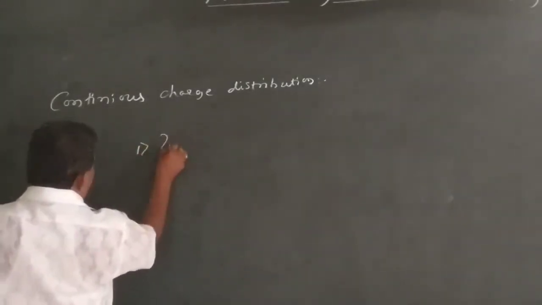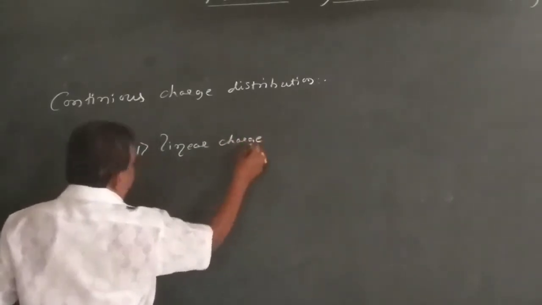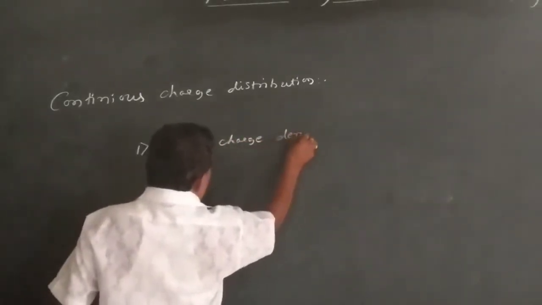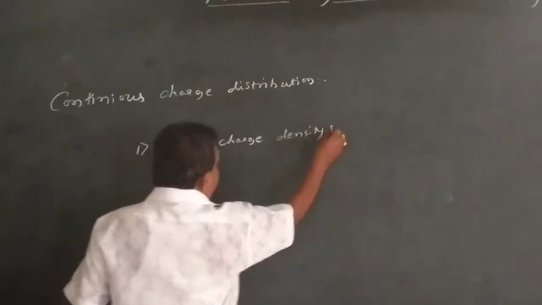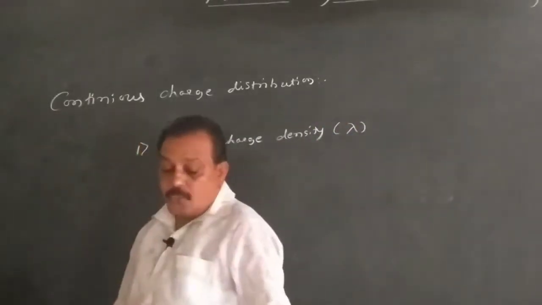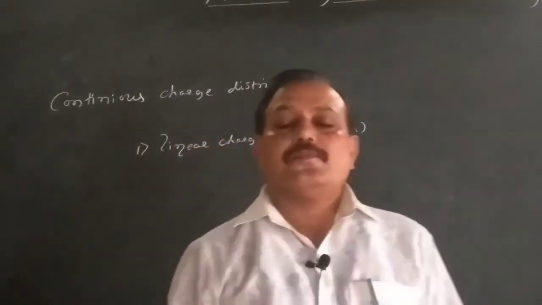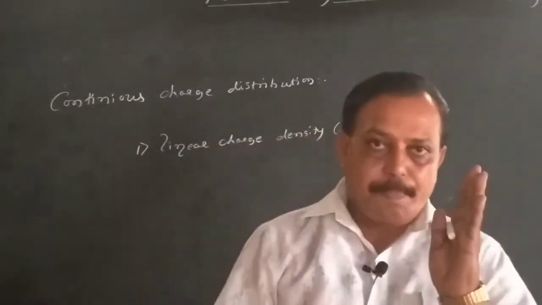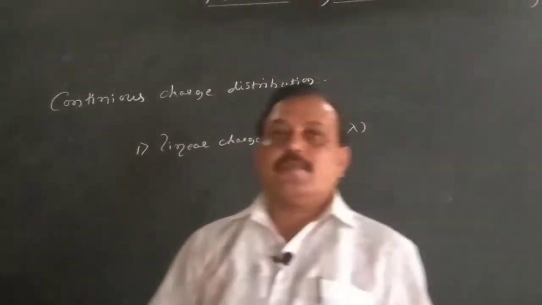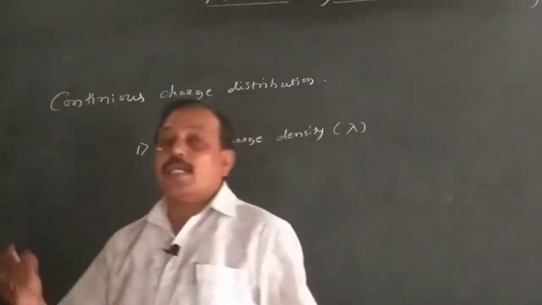Then we come across linear charge density. Number one, linear charge density, that is represented by lambda. Lambda is also used for wavelength, but in physics we have limited alphabets, so they are repeatedly used.